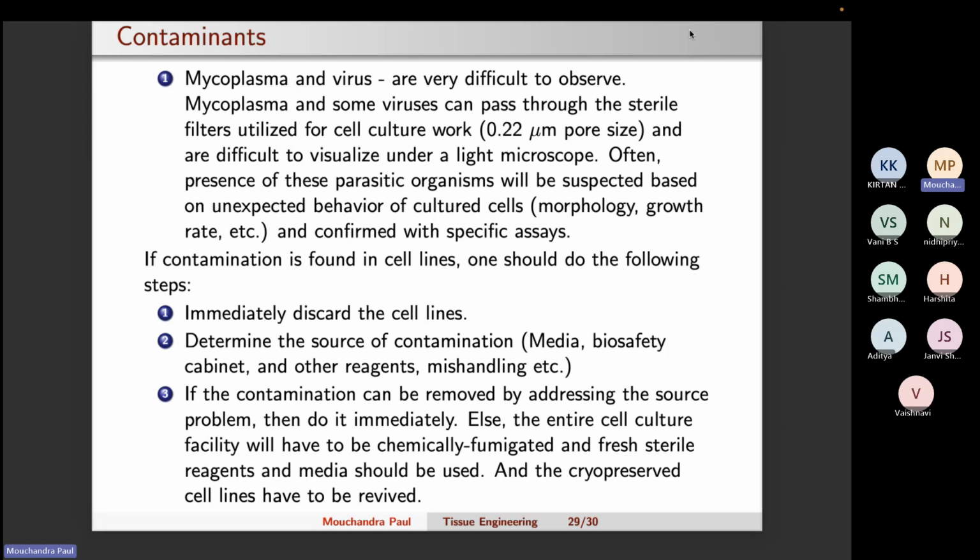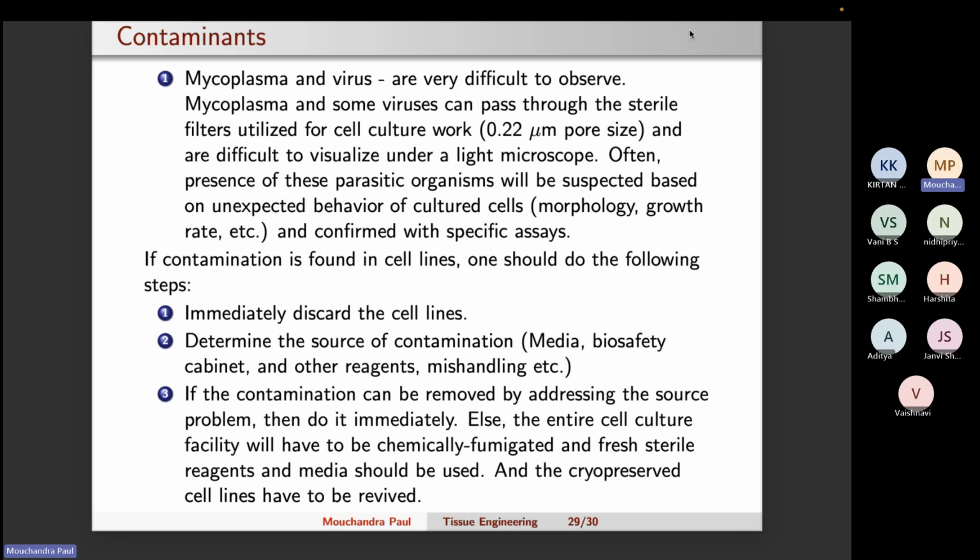The fumes are so toxic that you have to seal your lab and not inhale them, because they are toxic for you too, but it is 100% effective to kill all the airborne microbes in your cell culture room. Once your fumigation is done, you can start reviving your cells from the liquid nitrogen tank and resume your cell culture work.